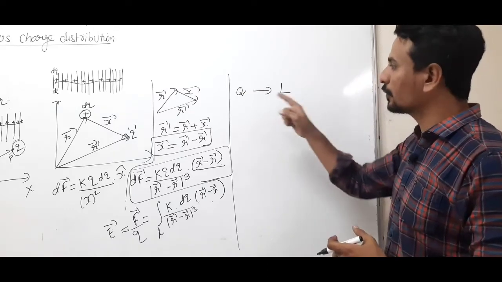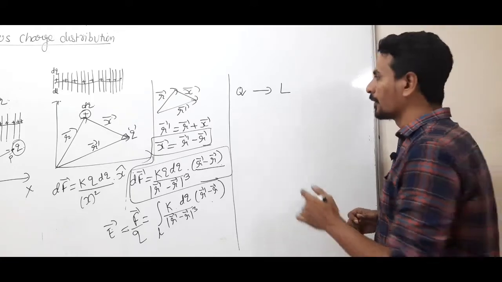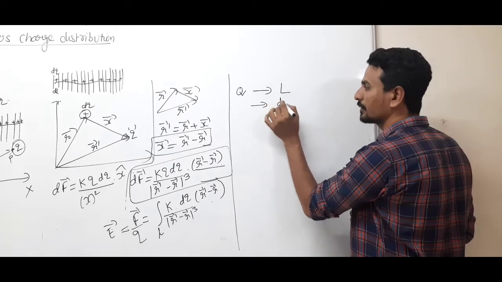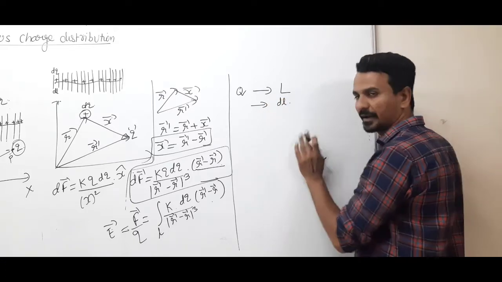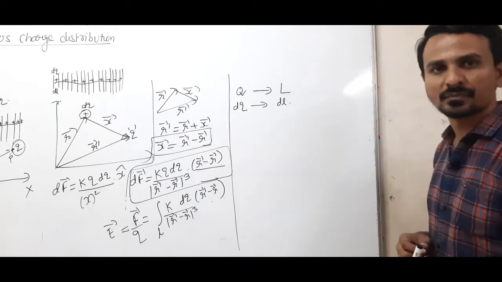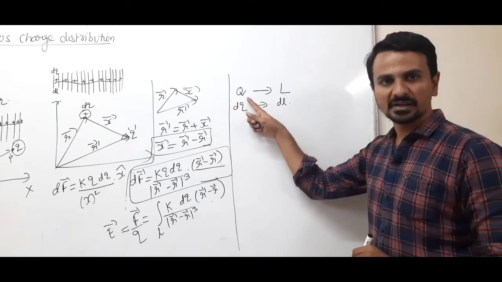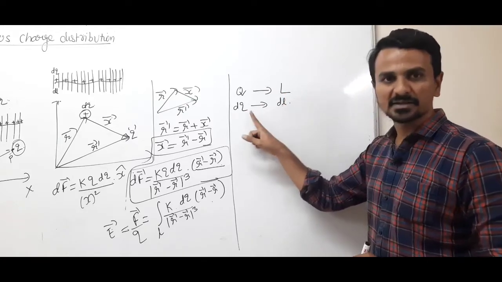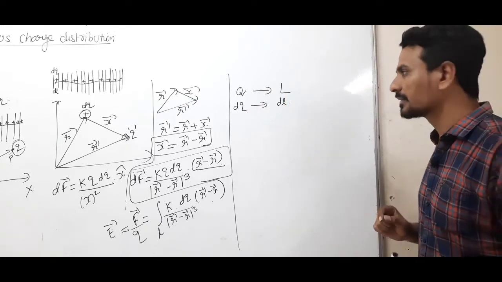On this wire, total charge is Q. So for a very small length, say dl, or you can say dx, the charge is dq. Got it? Q is the total charge over a length L. Over a length dl, the charge is dq.